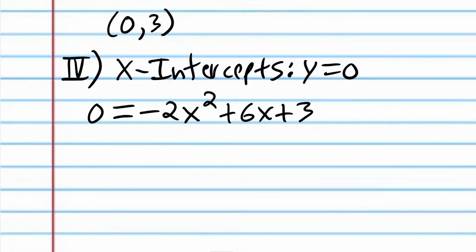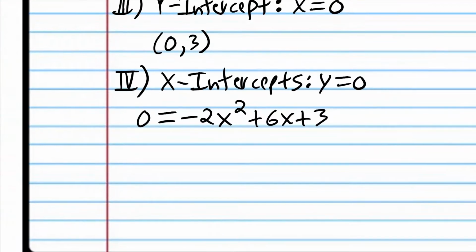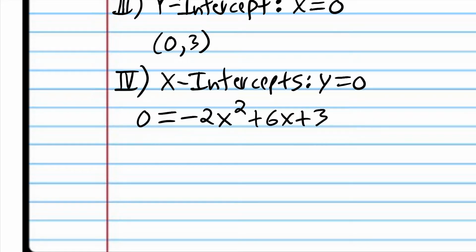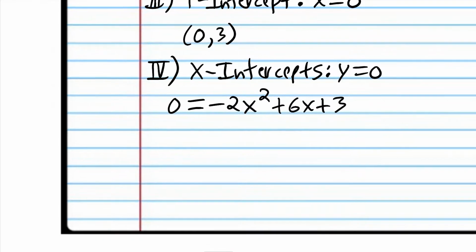So if you try to factor this, it's not going to work. There is no number that when you multiply 2 numbers you get 3, and when you FOIL it out, you get 6. First of all, you'd probably want to get rid of this negative.